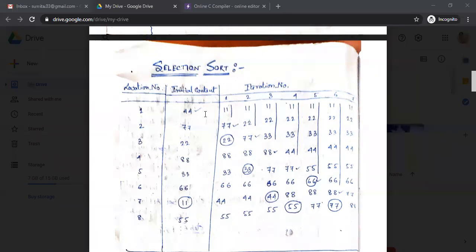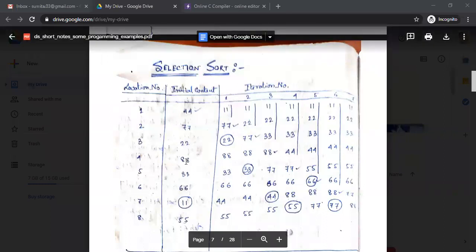Now the first time my outer loop is executed, so I am in iteration 1. First of all, you take the first value of your array, the lower index value, meaning the 0th position value. Then you have to find out which is the smallest element among the remaining elements of your array.